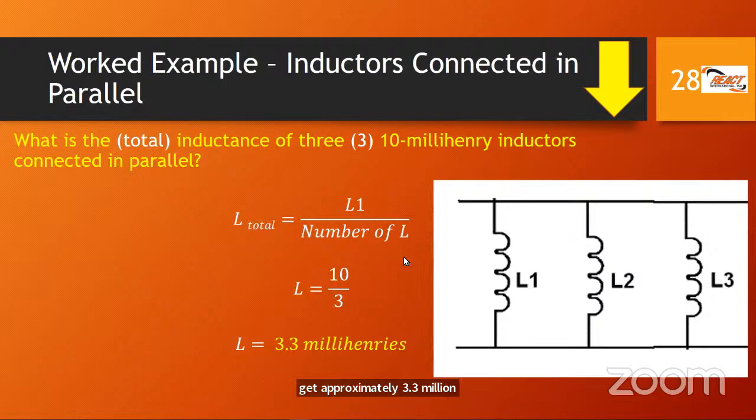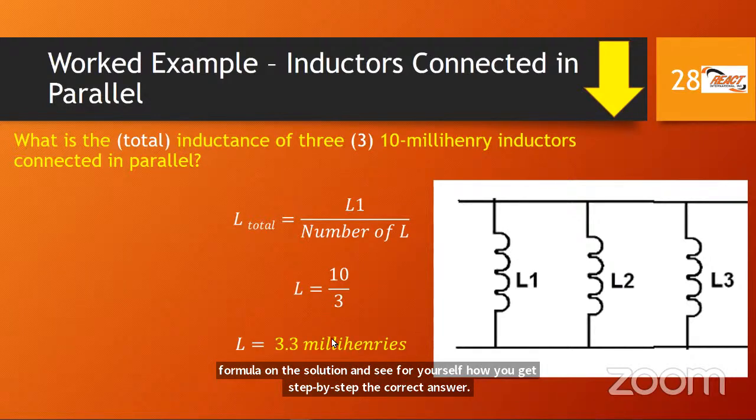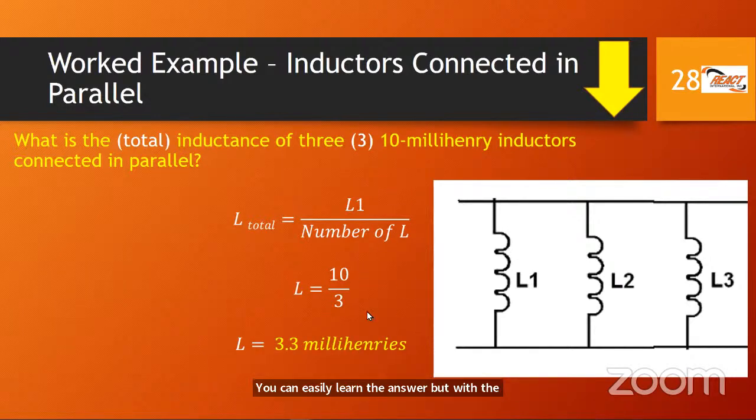It's an exam question. Again, feel free to write out the question and write out the formula and the solution and see for yourself how you get step by step the correct answer. You can easily learn the answer, but with the 430 odd questions to learn all those answers, sometimes it's better to learn the concept, learn the formula, and work out the answers that you will get, right? Either which way, whichever you're more comfortable with.